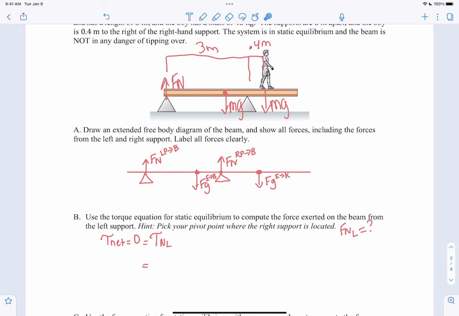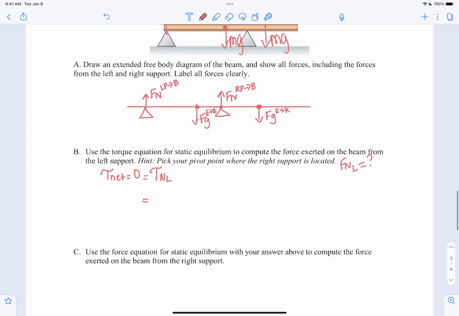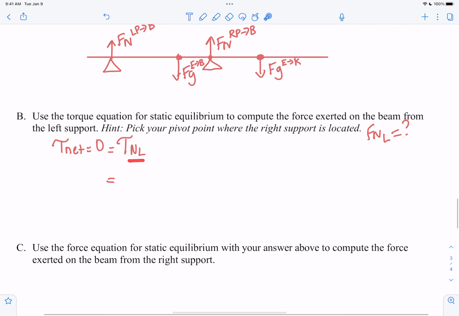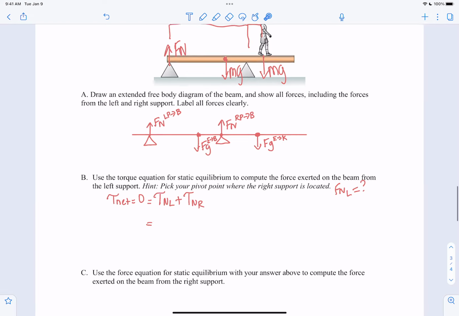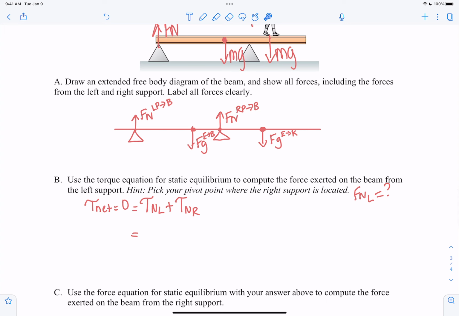Yeah. So, you should have a torque due to the left support. Now, theoretically, there should be a torque exerted by the right. However, we have to indicate our pivot somehow, right?